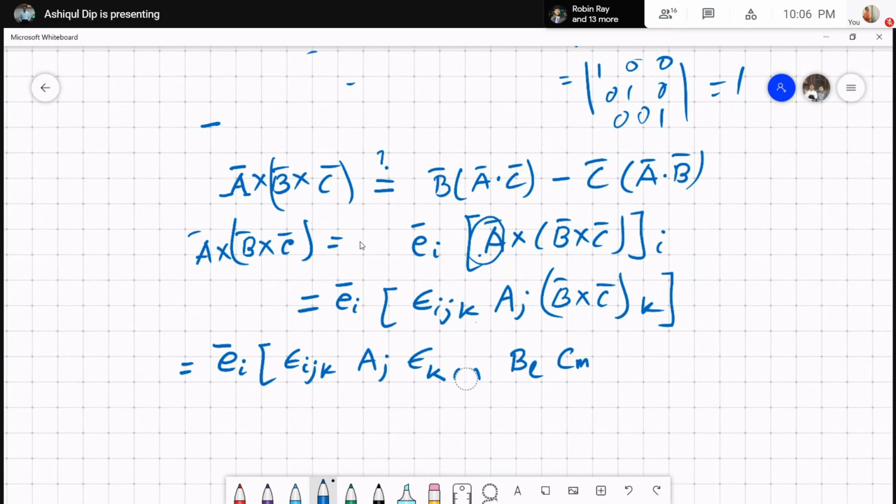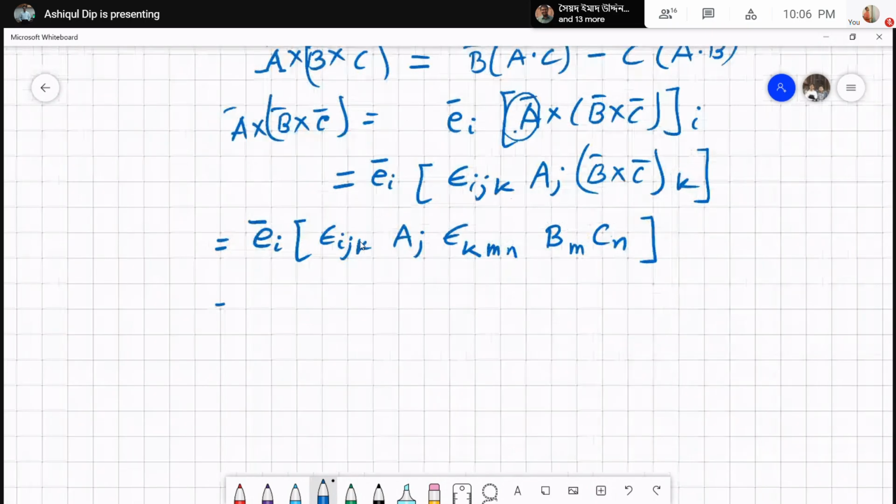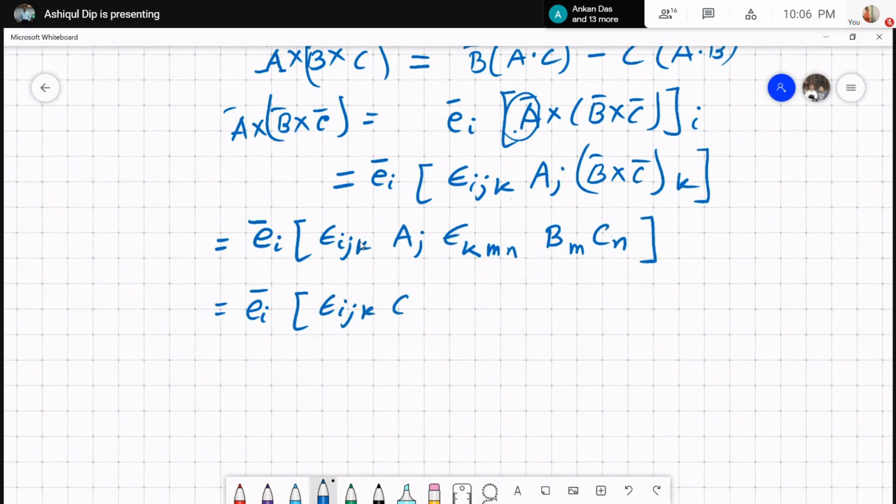I want to write it as kmn, so b_m c_n. Yeah. So now we have e_i epsilon ijk epsilon kmn a_j b_m c_n, like that.